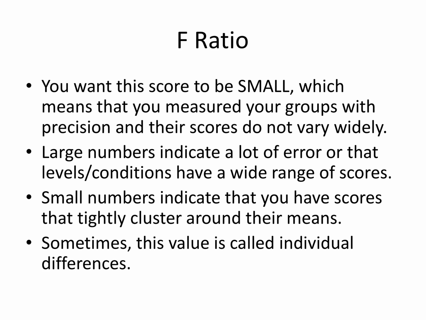Large numbers indicate that there's a lot of error, or there's a wide range of scores, and so using one mean number to represent that entire group is not very good. So a large spread means people vary a lot. Small numbers for your error term means that scores pretty much tightly cluster around the means. Sometimes you'll hear people call this sort of thing individual differences. So people are different within their own groups, and we don't necessarily know why, so it's our error term here.